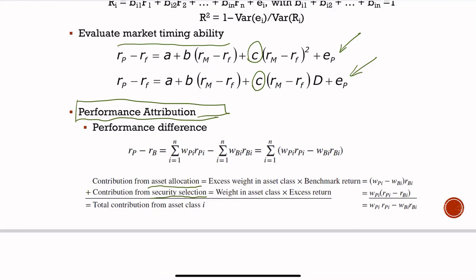In this case, you fix the portfolio weight and then look at return differences. If you're fixing the portfolio weight, the return difference will come from security selection. So performance attribution is essentially a decomposition technique, trying to understand where the performance comes from.